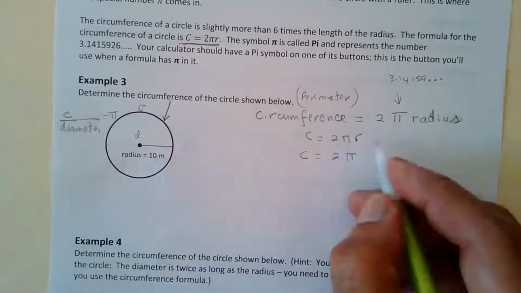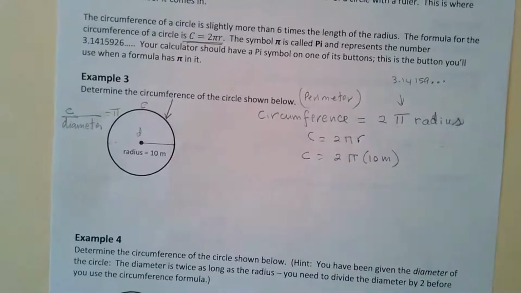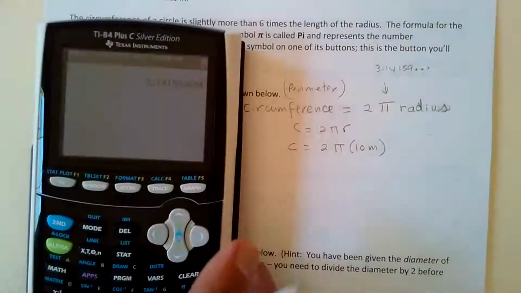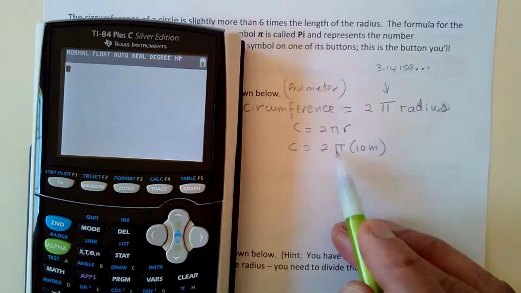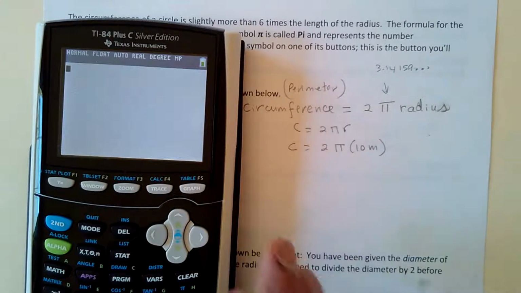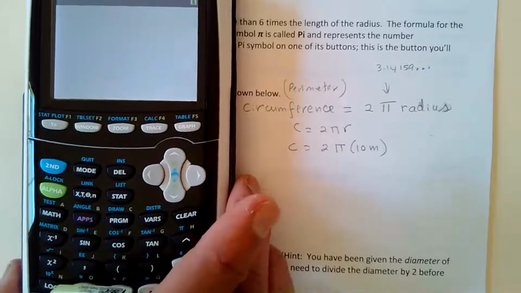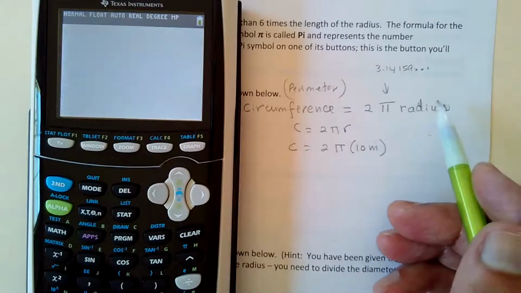The radius is given as 10 meters. I'm going to go to my wonderful calculator and punch that in. Now, use the pi button in your calculator. If you don't have a calculator, you may have to approximate it using 3.14, but you will get a precise answer.